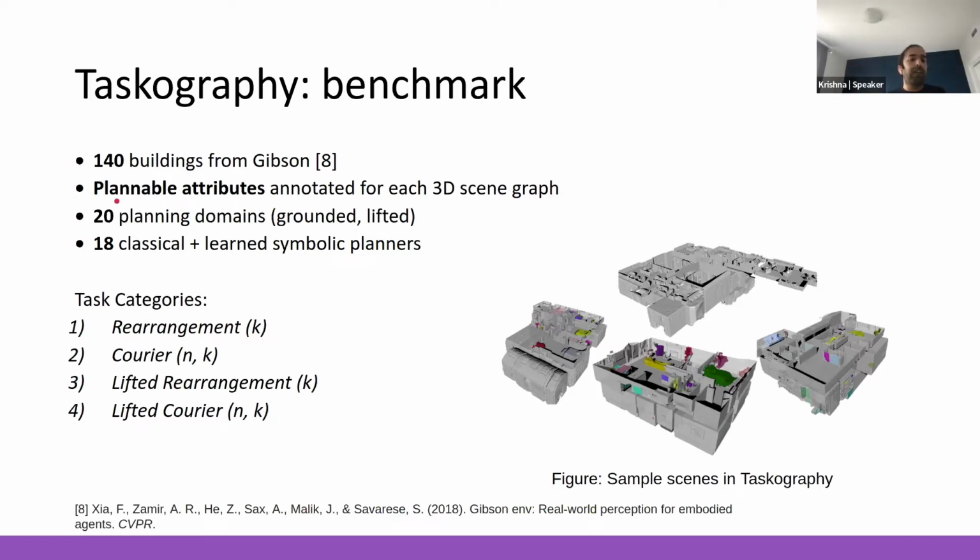And we annotated plannable attributes, things like, can you pick this object up? Is this object a receptacle? And what's the weight of this object, or how many other objects can this take in, and so on. And we created 20 planning domains, and planning domains are classified into grounded or lifted.